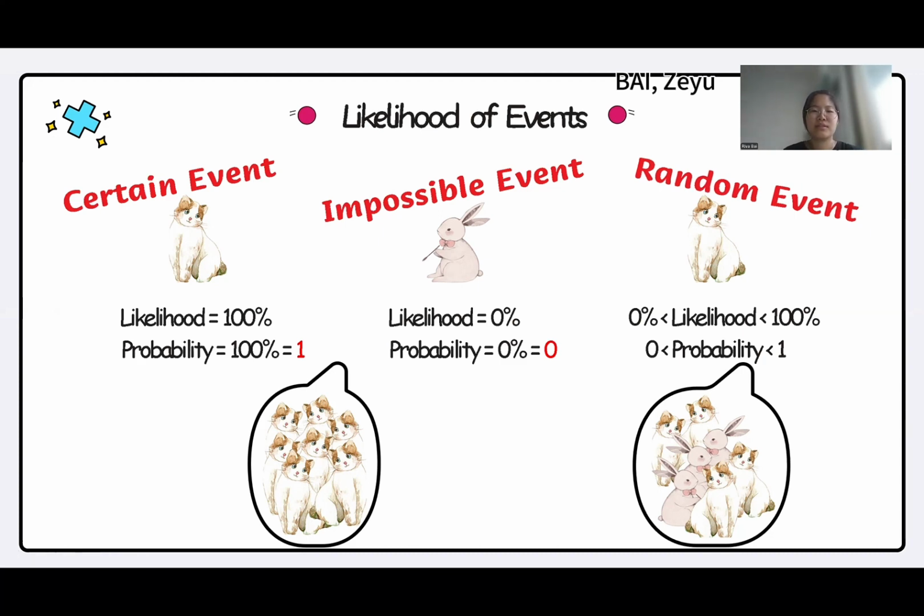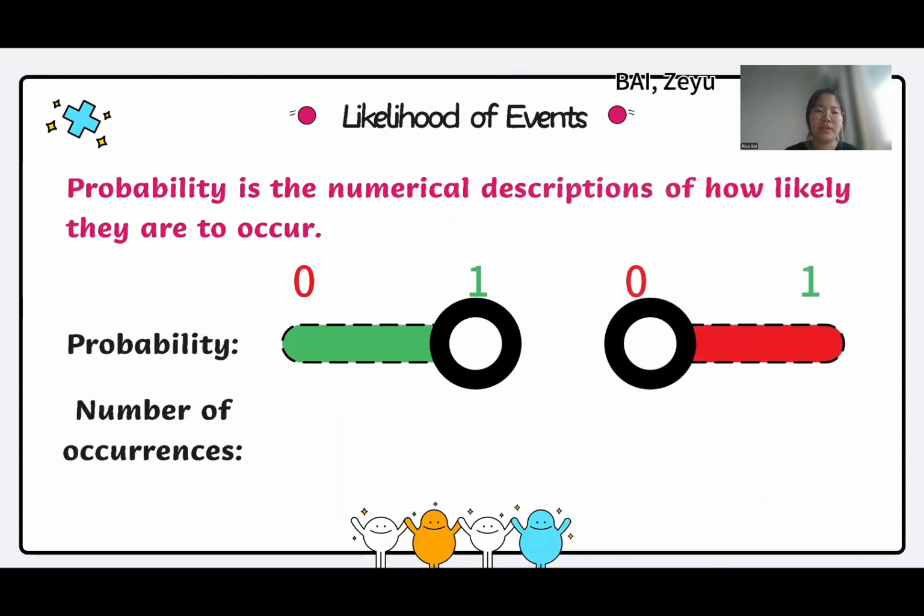So from these three kinds of events, we know that probability is the numerical description of how likely they are to occur, and it is a number between 0 and 1. When the probability is close to 1, how about its number of occurrences? Does it become more or less?